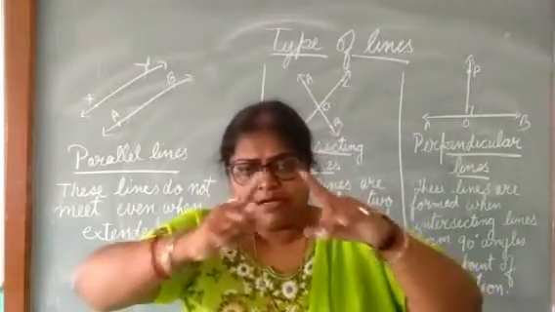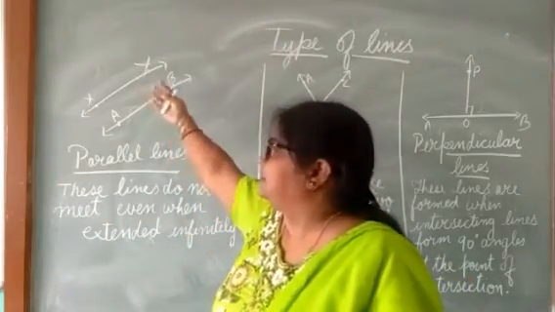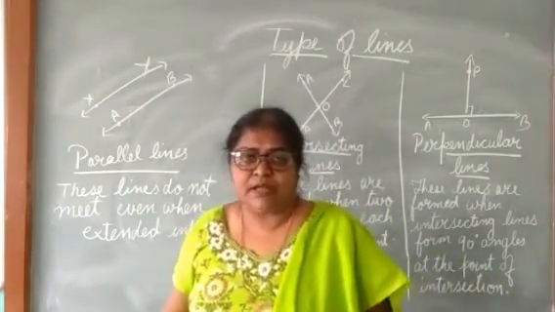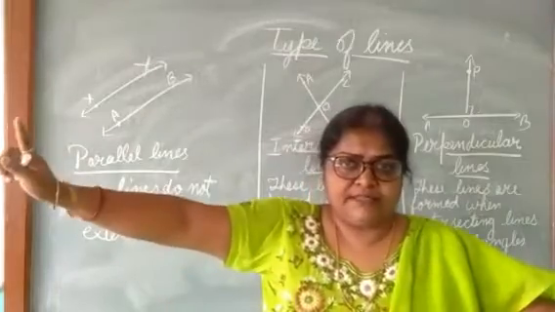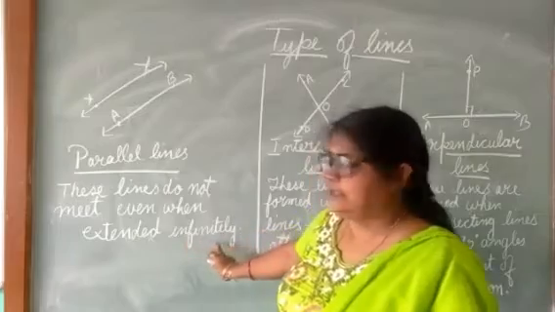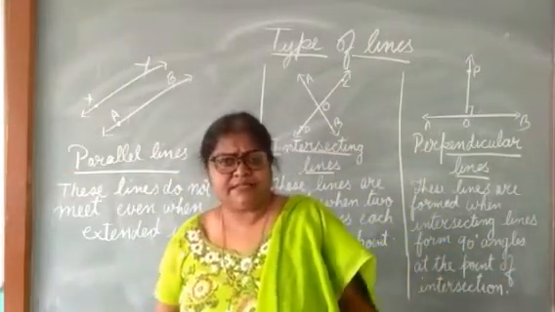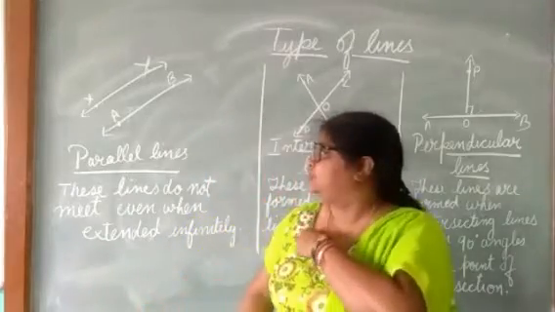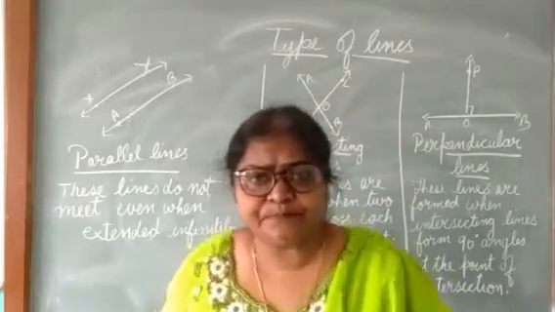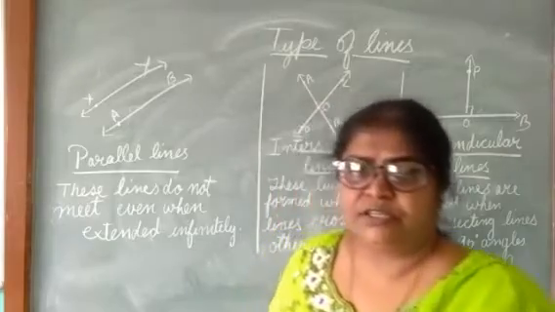One line is this and another line is this. One line is AB and the other line is XY. If you extend these two lines from both the sides infinitely, what happens? They will not meet each other.